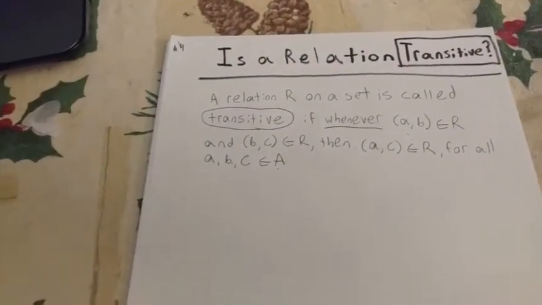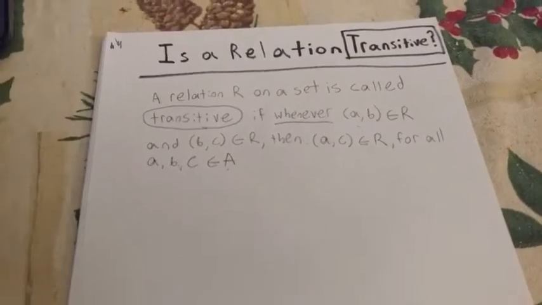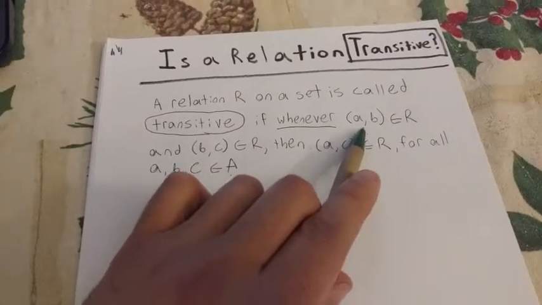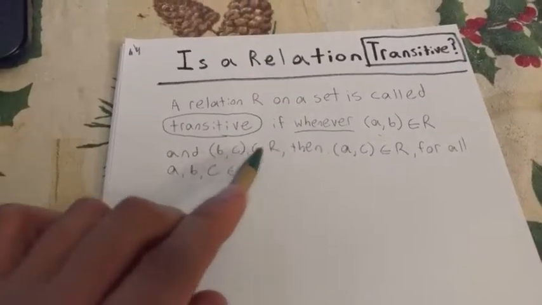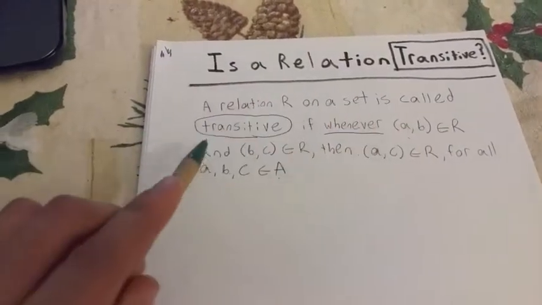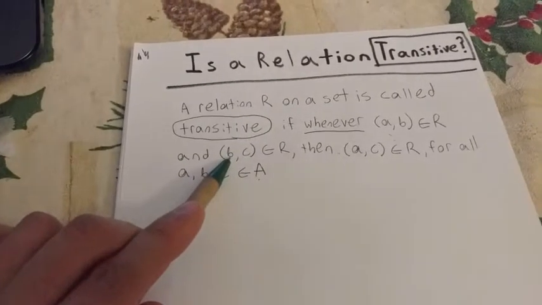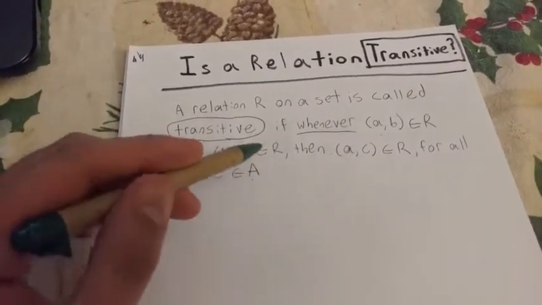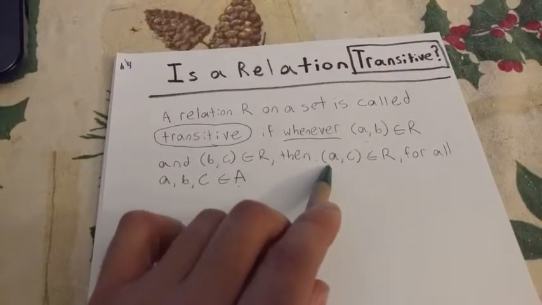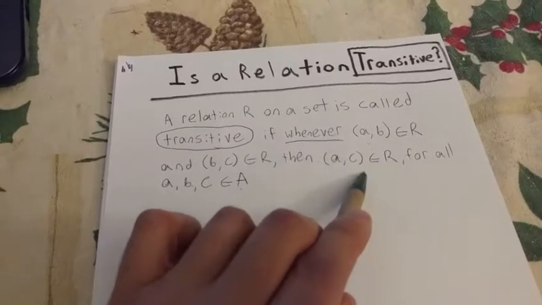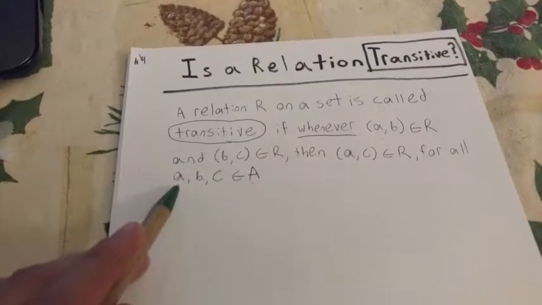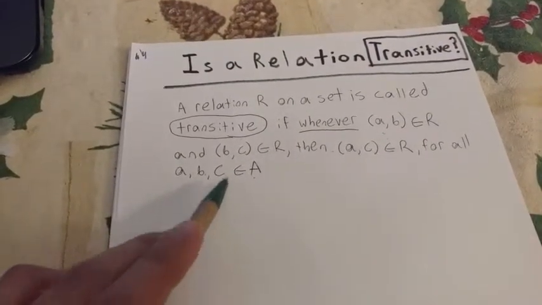So basically what we're saying here is that, like I said before, if we have this pair (A, B) that belongs to R as well as (B, C) belongs to R, so that means that the second element in the first pair now becomes the first element in the second pair, and both of these pairs belong to R, then that means that a pair that has the first element of the first pair and the second element of the second pair also belongs to R. And once again, that's for if all of the individual elements A, B, and C belong to the set.